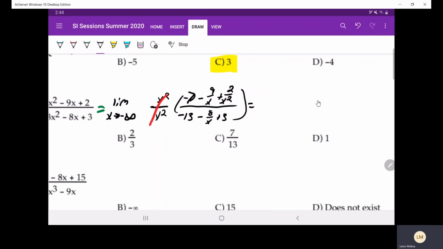If you plug in negative infinity to all these, you get negative 7 minus 0 minus 0 all over 13 minus 0 plus 0, which equals negative 7 over 13.